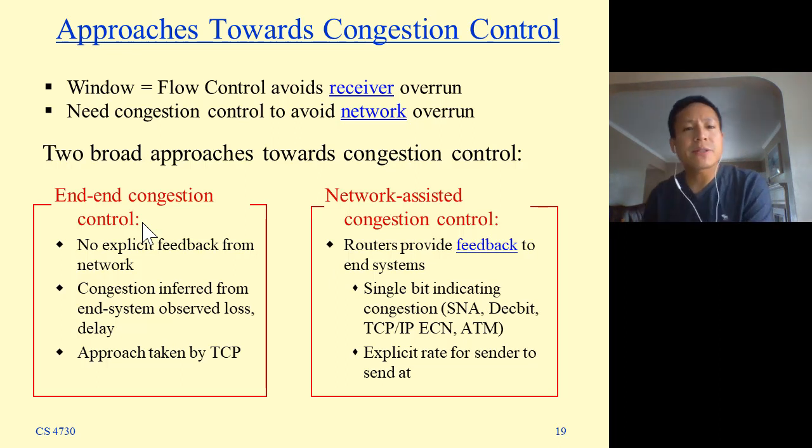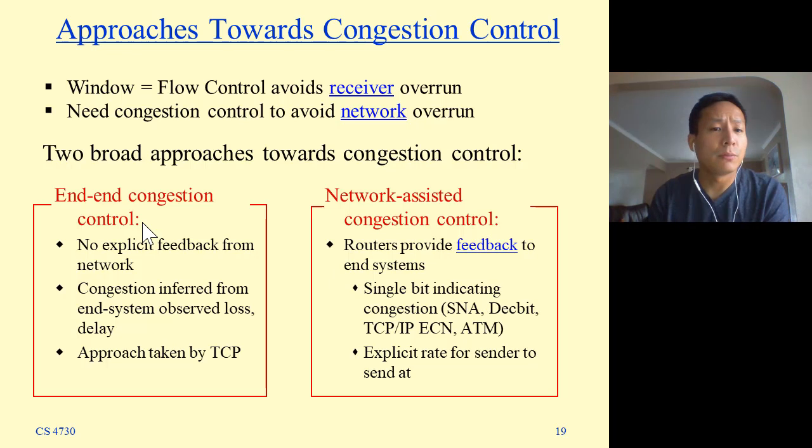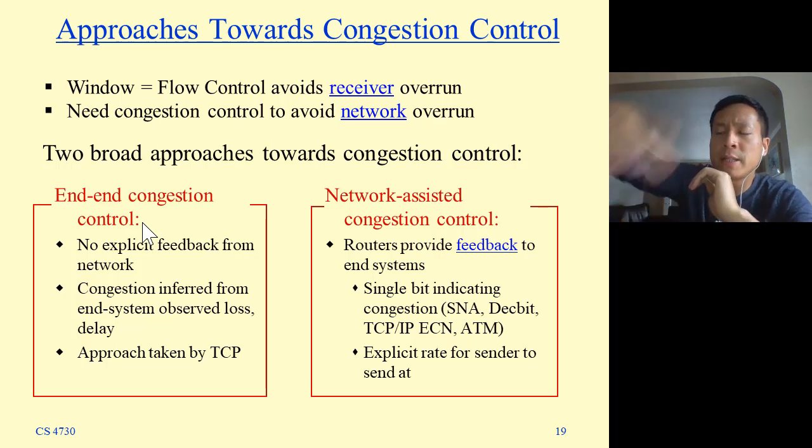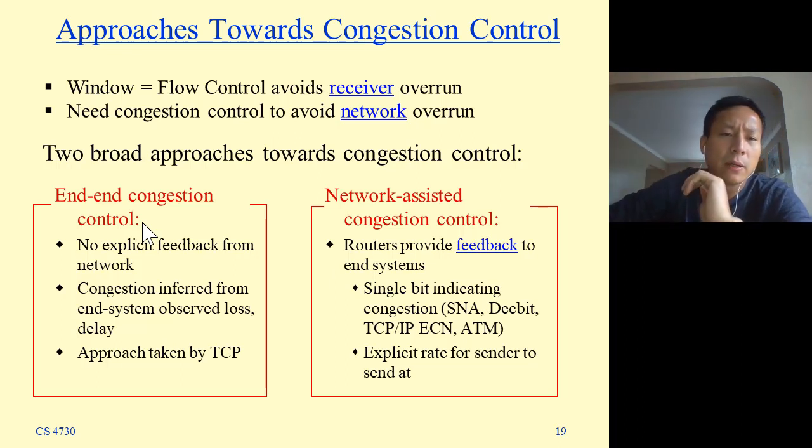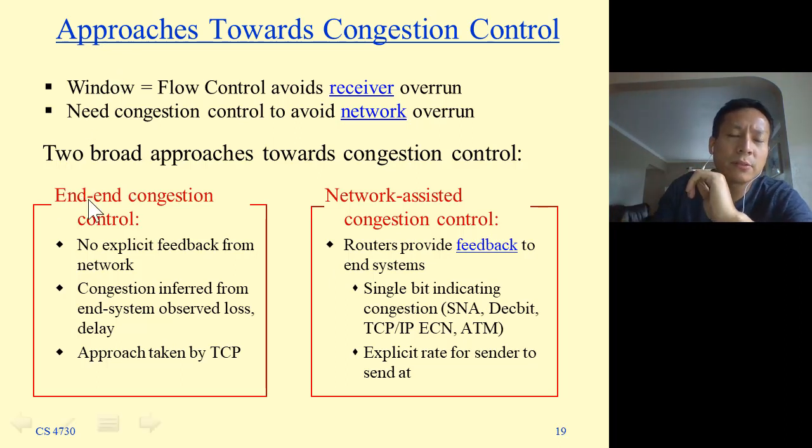So the first mechanism is end-to-end congestion control. End-to-end congestion control means that the intermediate routers in the network will not do anything. All the work will be done by the end hosts. Okay, so that's why it's called end-to-end congestion control.